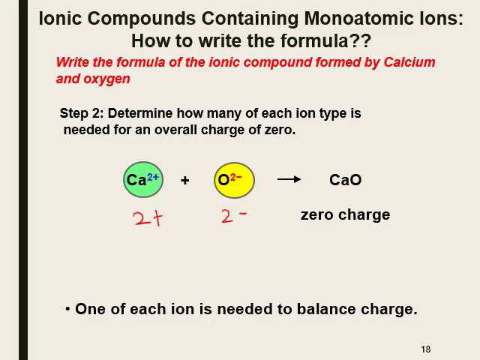If your charges are equal, the ratio which will work is 1:1, or in other words, for every 1 calcium you need 1 oxygen. The number of ions is written as subscripts, and by convention we do not write ones, hence the formula is CaO.